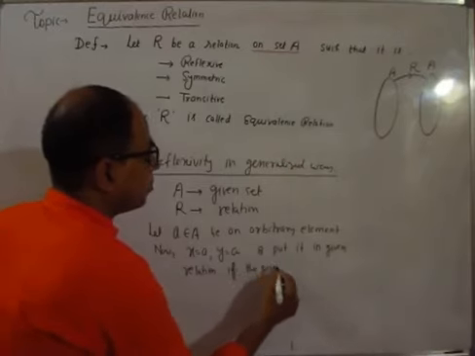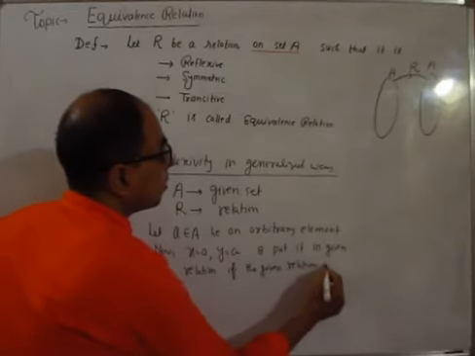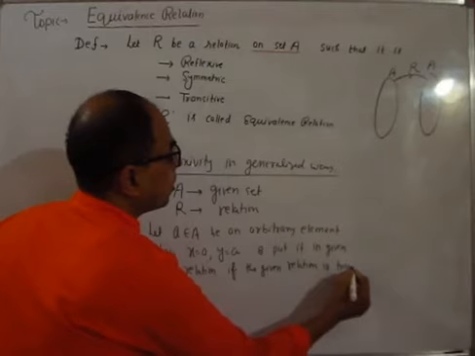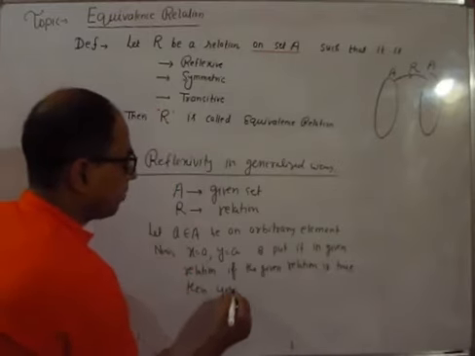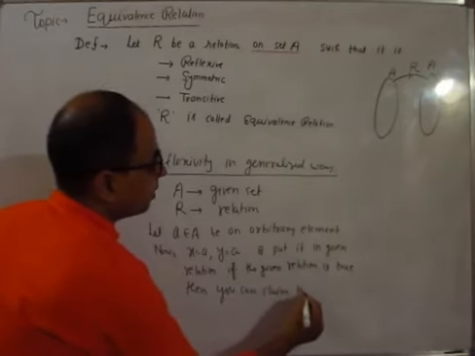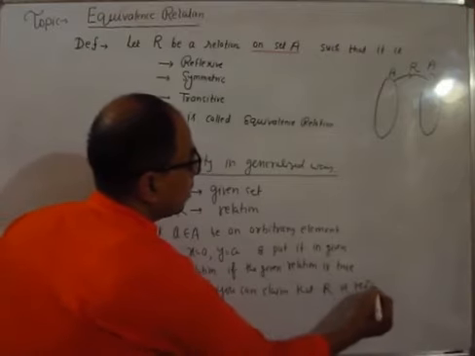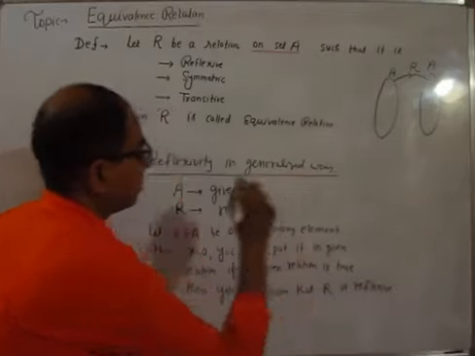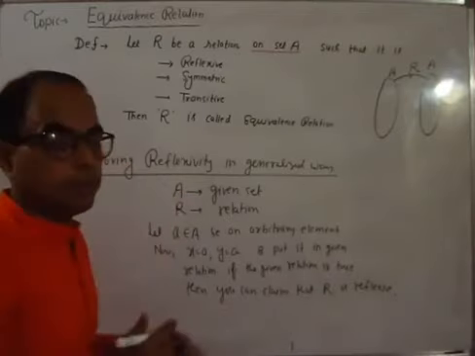If the given relation is true, then you can claim that R is reflexive. So this is the general way of proving reflexivity.